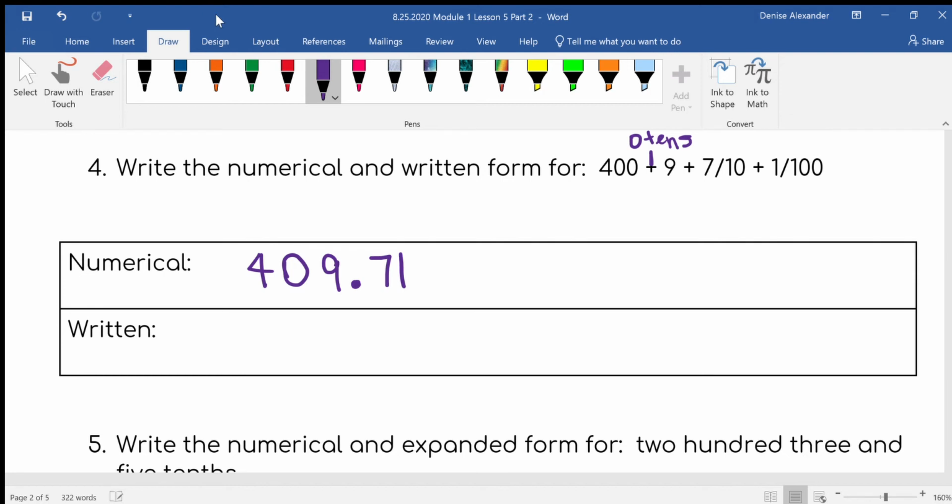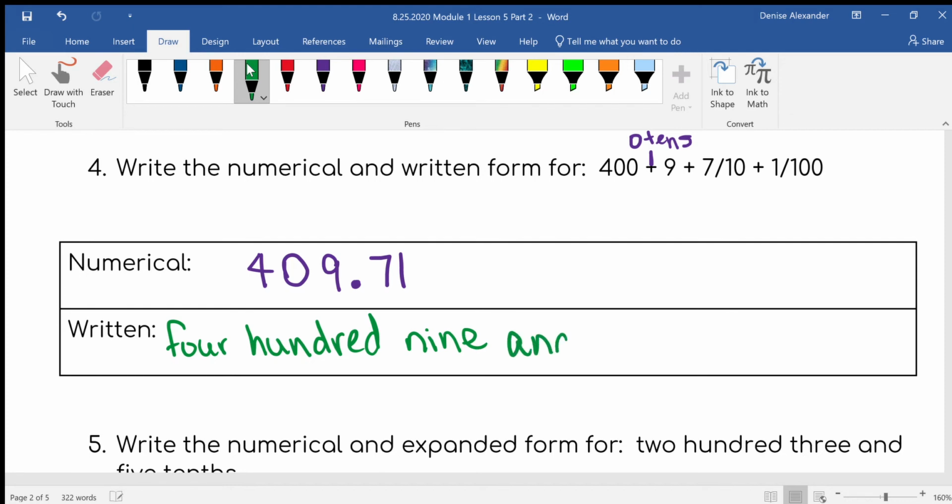Let's look at what it looks like when we write it in word form. So we write 400. What's great is we don't have to worry about writing a tens because we don't have one. So I just write 9. What is that decimal called again? You guys are right. It is and.